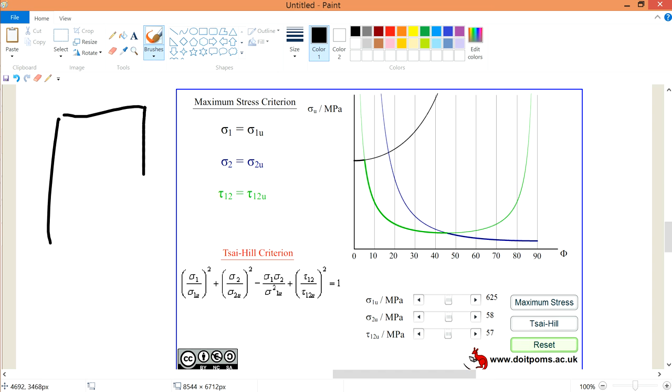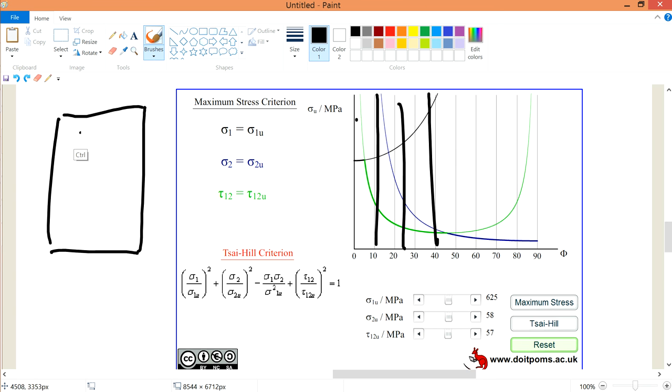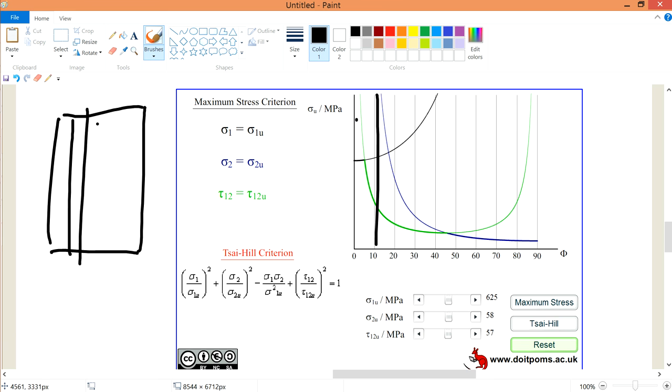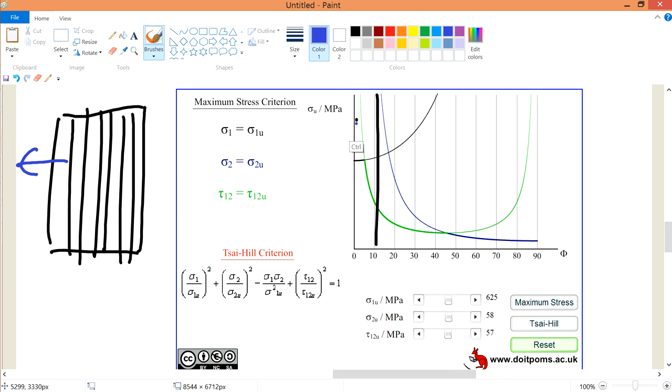I repeat again. The axis that I'm drawing is not really an angle, but rather the fiber orientation. If you have the stress in one direction along this direction, definitely it's kind of weak.